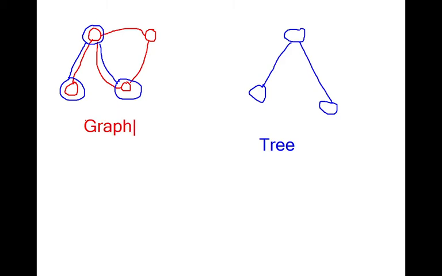This red graph contains cycles, so it's not a tree. But this one does not contain any cycles, so it is a tree as well. If I draw an edge here, there is a cycle, so it does not remain a tree anymore, it becomes a graph, right? So a tree is an acyclic graph.